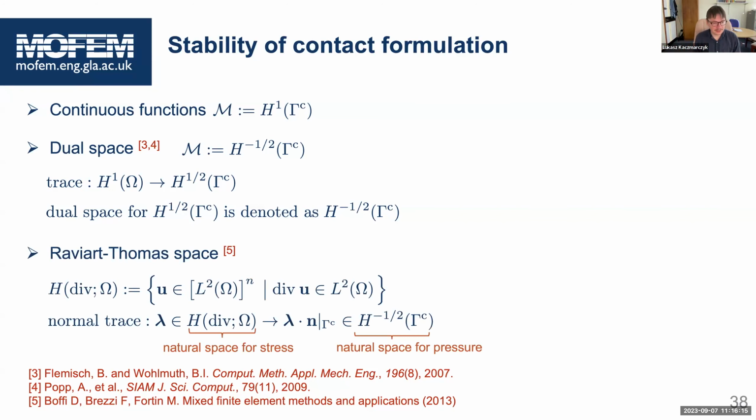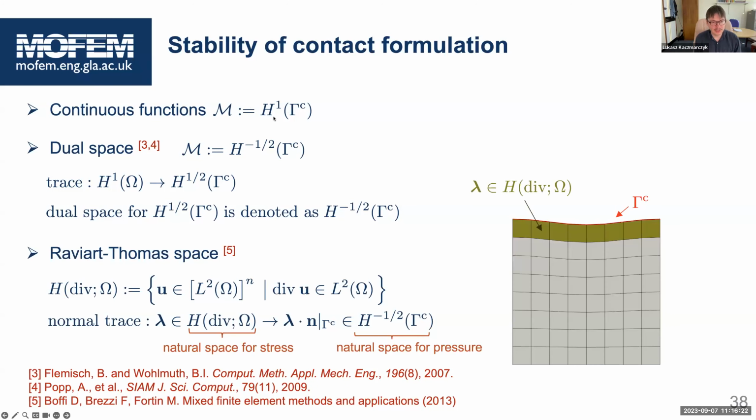So the natural thing to approximate the Lagrange multipliers is not, in fact, to use the H1 space, as is done classically, but to approximate it as a trace of the H-div space on the boundary. And then we can hope for a solution. Again, we are using similar concepts to those Andrei was presenting to you, talking about the mixed formulation.